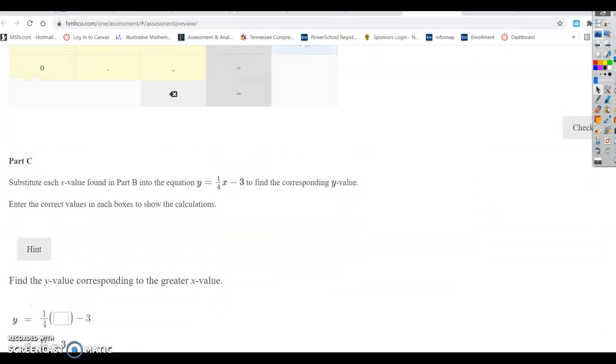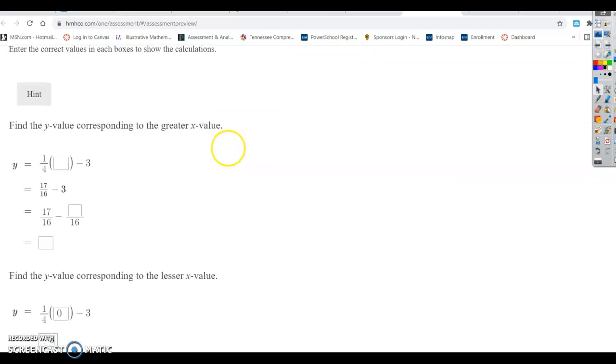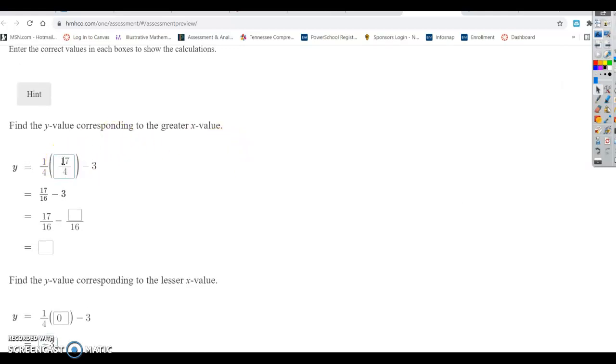So all they're doing is taking the equation right here, and substituting the x we found, 17/4, in for x. So let's plug in 17/4. That's going to be 17/16. Remember, when you multiply, you multiply across the top and across the bottom. Now we have to get a common denominator.